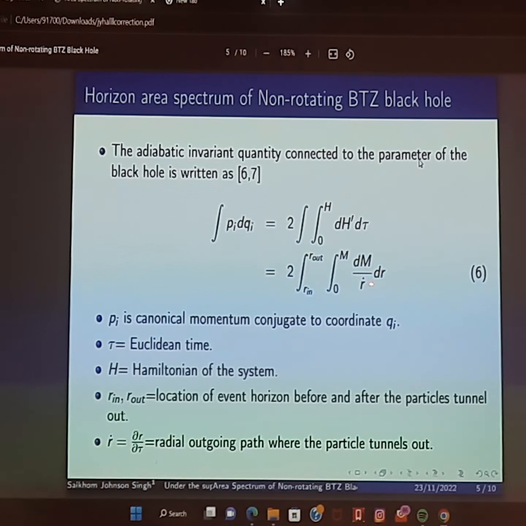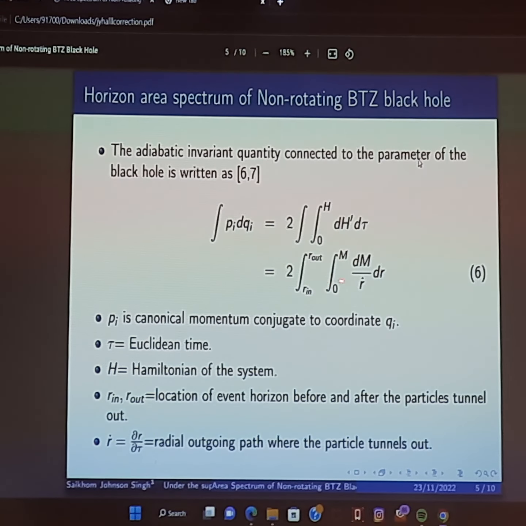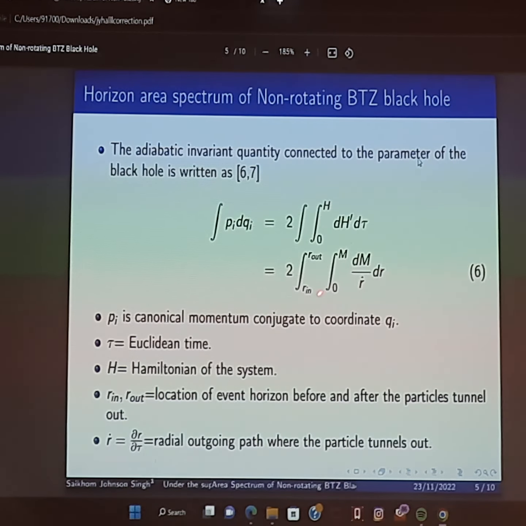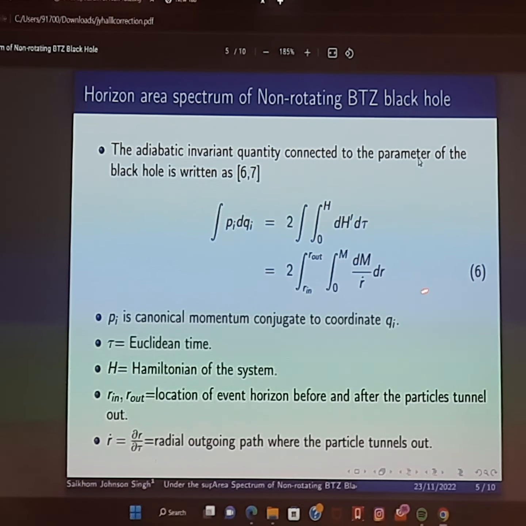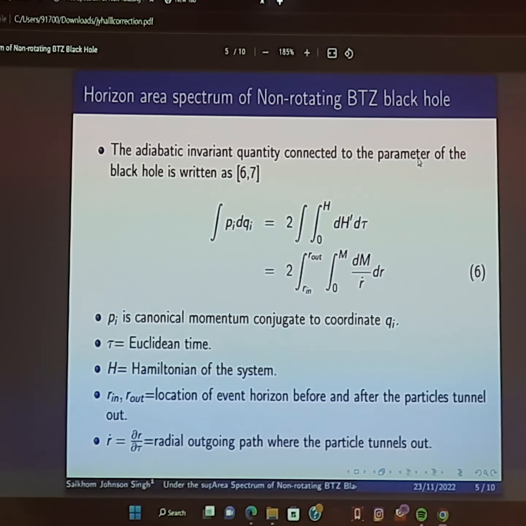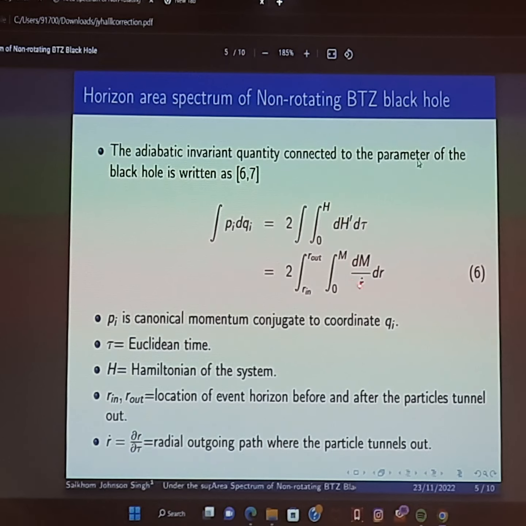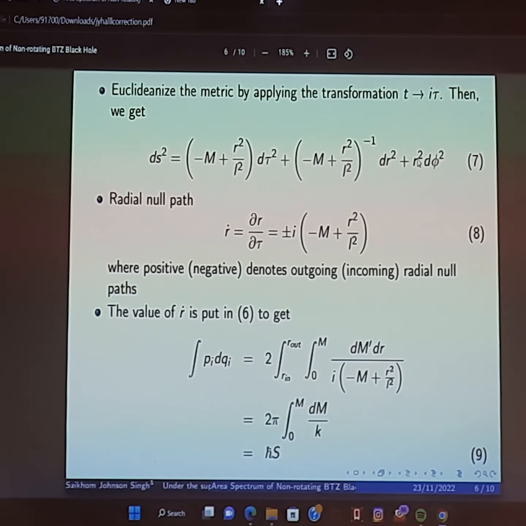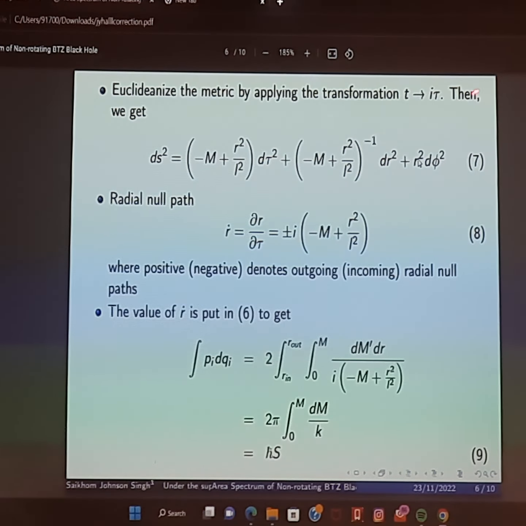If we do the cancellation, we will get this equation from this equation. Here r_in and r_out are the locations of the event horizon when the particle turns out, and r dot is the radial outgoing path when the particle turns out. The metric is made equidistant by using this transformation, and we get this matrix.